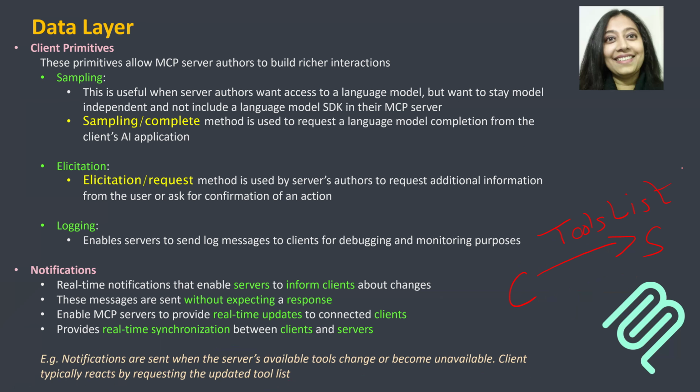A client can react to the notification sent by the server, but there is no particular response expected by the server from the client when it sends out any real-time updates or notifications. So I hope notifications is clear.